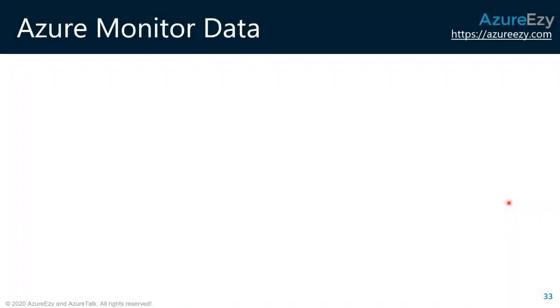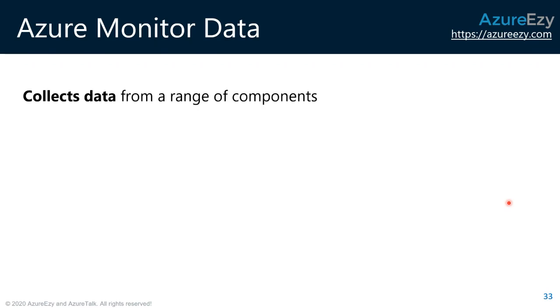Now we have seen what type of data it is collecting. Now we'll see from where Azure Monitor actually collects data, whether it is a metric or a log. What are the sources? What are the components? Azure Monitor can collect data from your application, from your app services.